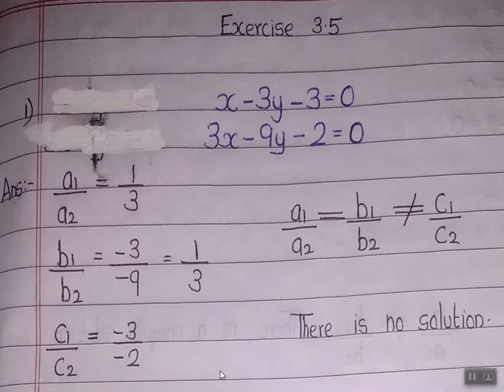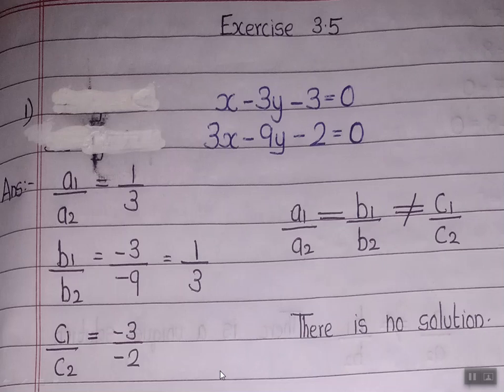In case there is a unique solution, find it by using the cross multiplication method. Students, you should know how to evaluate whether the pair of linear equations has a unique solution, no solution or infinitely many solutions. That is coming from table 3.4. Let us see the first question.